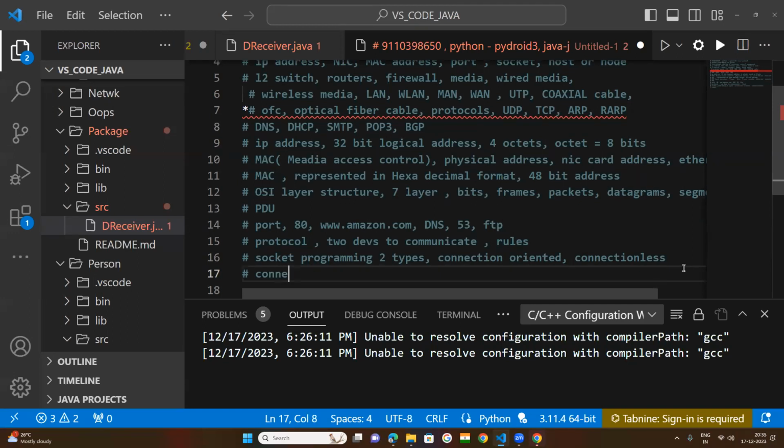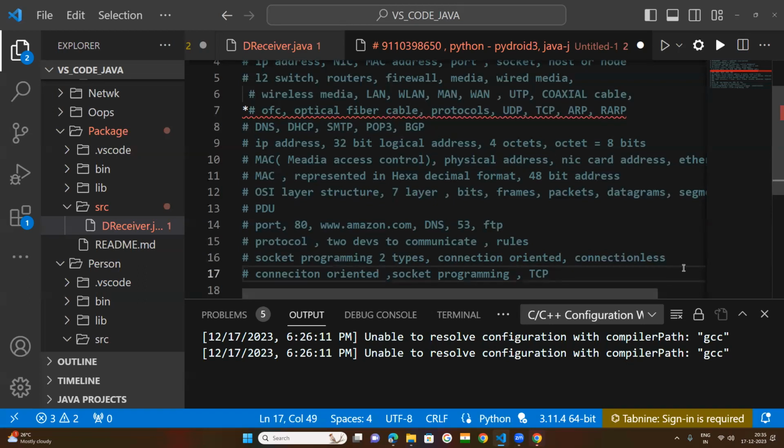For connection oriented socket programming, the TCP protocol will be used.